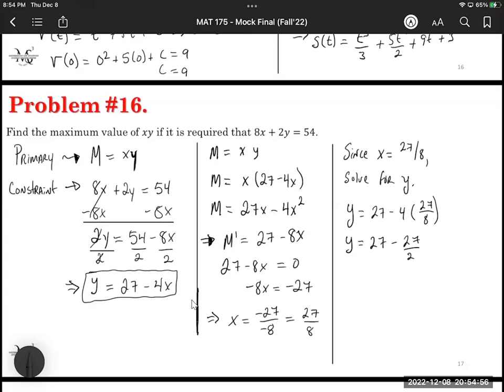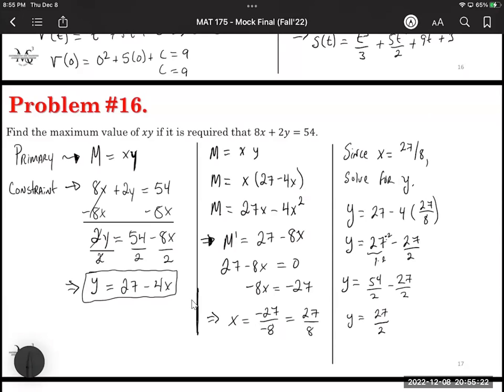What else can I do? Well, I can also rewrite the first 27 as a fraction, as 27 over 1, and then multiply it by 2 top and bottom, so that way I can combine into a single fraction. So this will become y equals 54 over 2 minus 27 over 2. And because the denominators are the same, it's 2, when I take the difference at the top, you get 27 over 2.